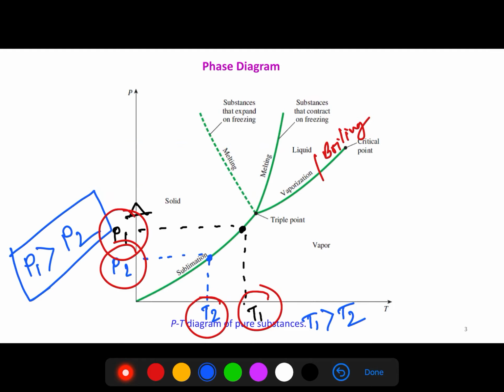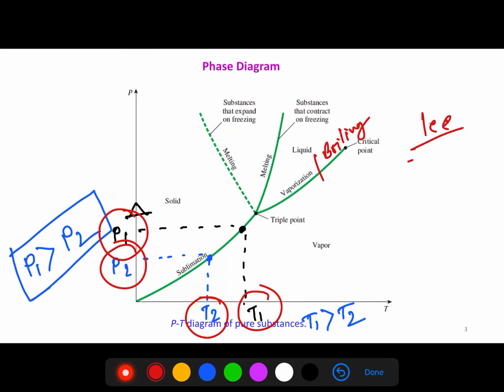Now the other thing is what will happen from solid to liquid. If we want to convert the solid phase into liquid, the process is melting. So the solid will melt, and let's consider ice.